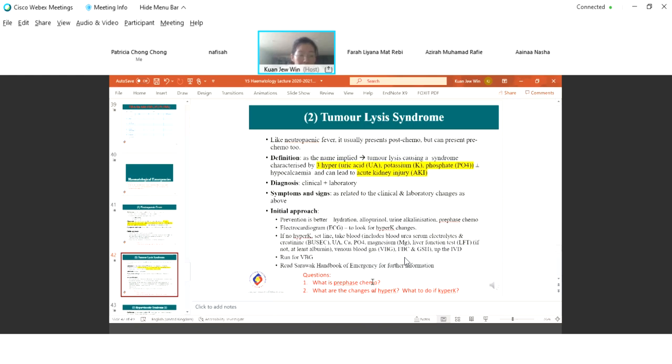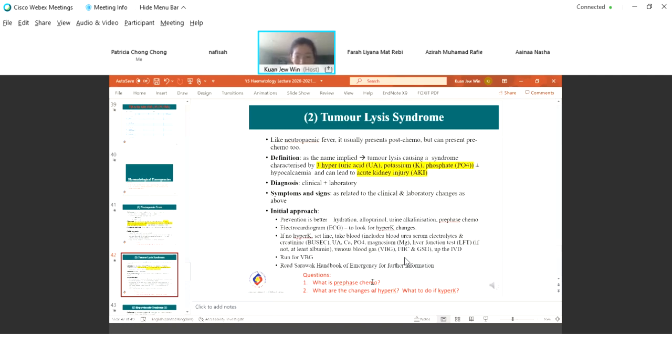The proper chemo will be very intensive, and sometimes when the count is very high, we want to reduce the chance of tumor lysis. We start with a small dose first instead of a big dose. Otherwise, the tumor will lyse at the same time and increase the risk of tumor lysis syndrome.